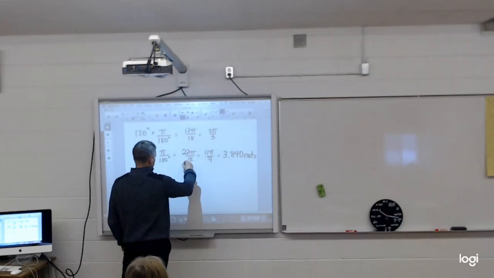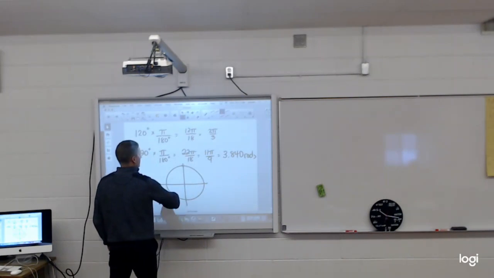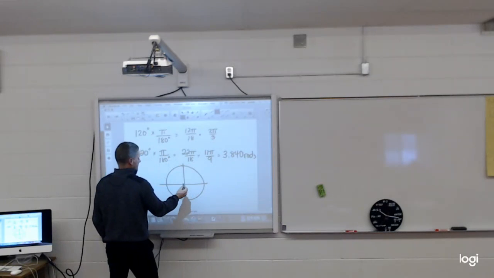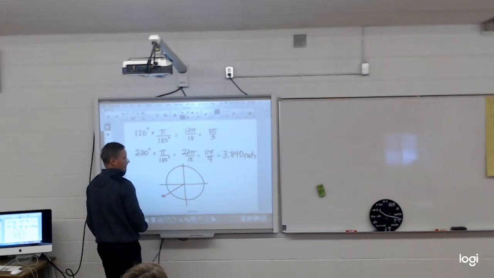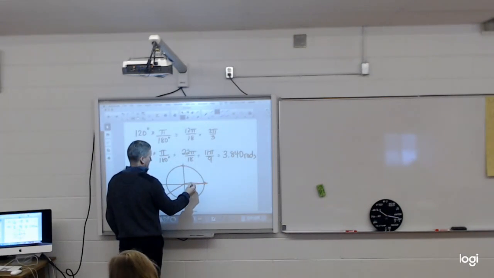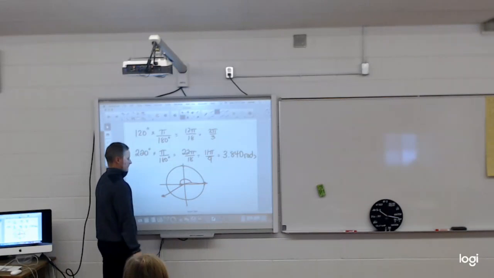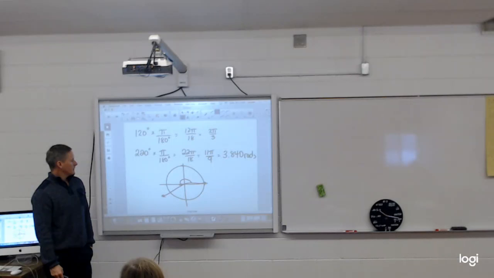If I look at the circle, 220 degrees takes me somewhere down there. So you just divide it by quarters?